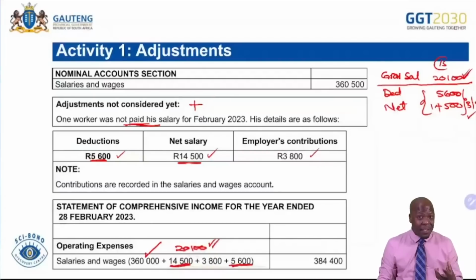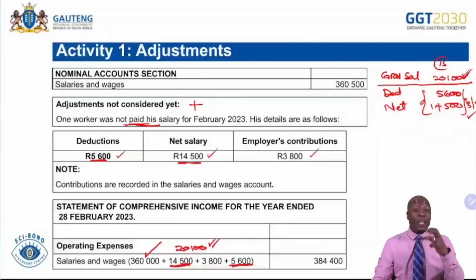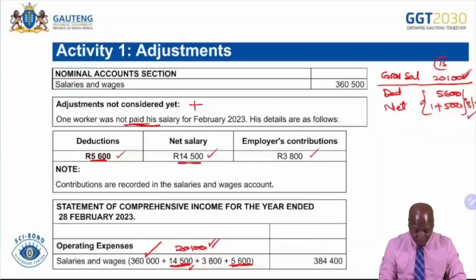What I'm trying to tell you is, the moment you are given the deductions and the net, always remember that you must add them to get the gross. And the gross is what we show in the income statement. Even if you show them separately as 14.5 and 5.6, you are still correct, because the addition of the two gives you the gross. If you brought us 20.1, still very correct, because we record the gross.